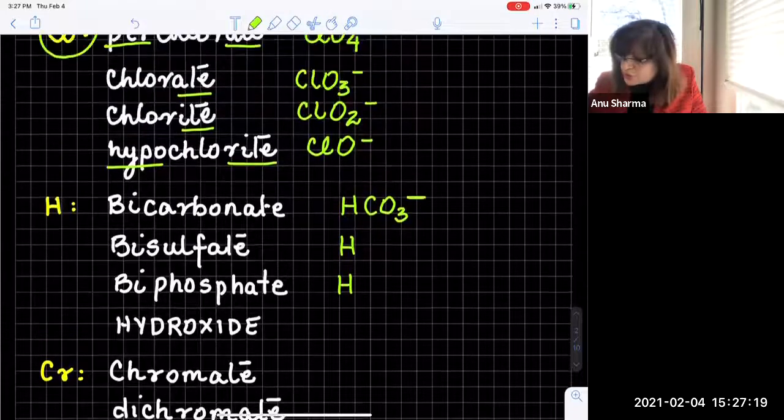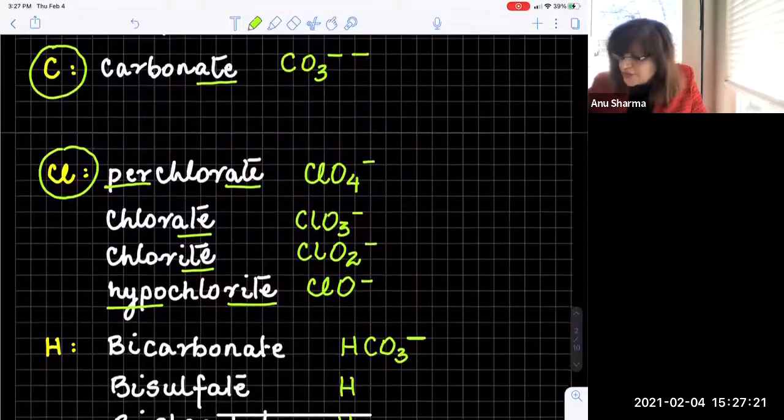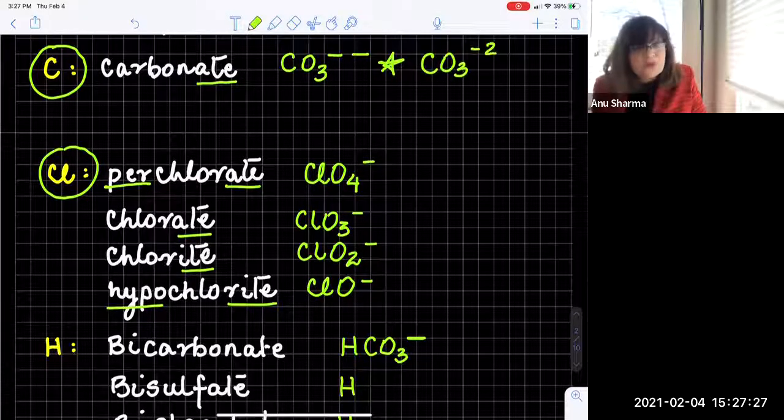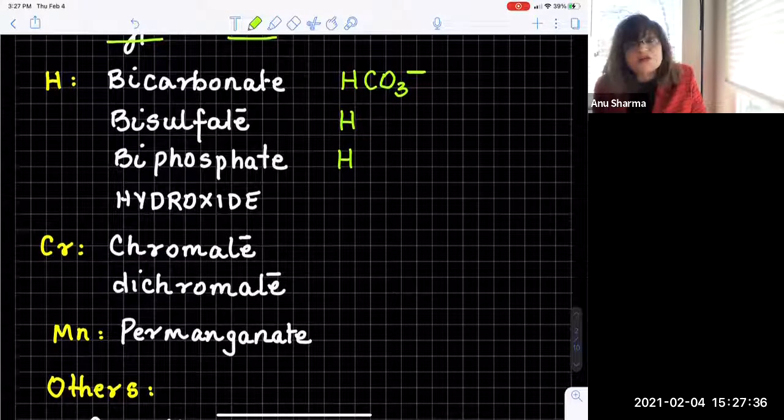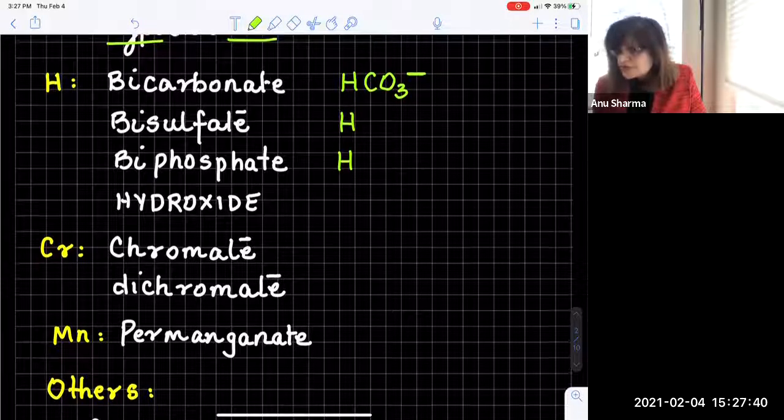Carbonate has 2 negative charges, CO3 2 minus. But the moment you add hydrogen to it, 1 charge gets neutralized, because hydrogen is actually a proton, H plus. So it is now bicarbonate.